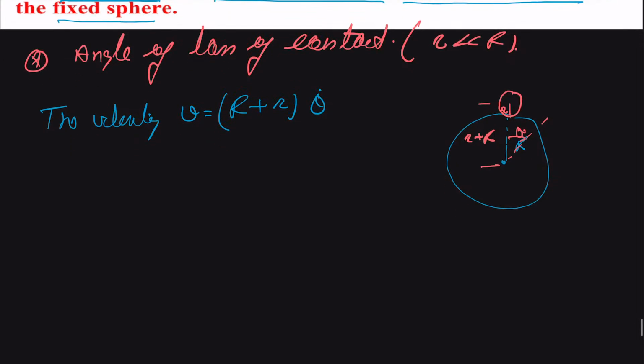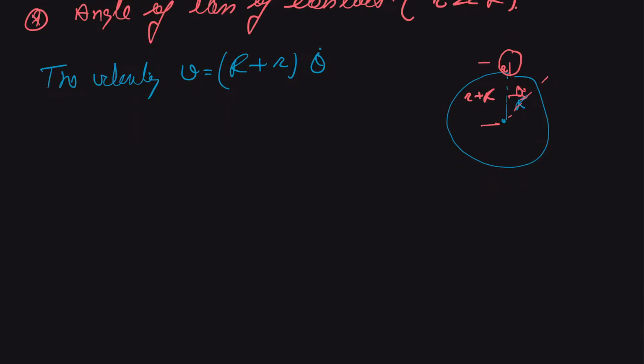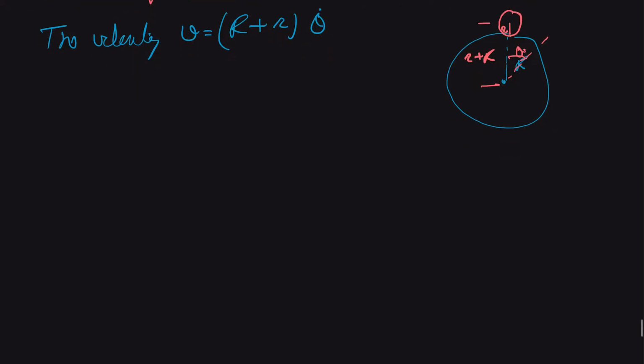Okay, and we can easily calculate this, you can say the energy conservation we can apply, and for that we can just suppose this is our center of the small one and this is center of a bigger one, and this total height is our r plus capital R, and the center is going to rotate, and let us suppose at this particular point the angle is given as theta, and here the velocity is our v, which we have just written here.